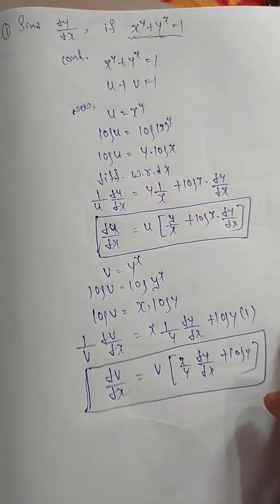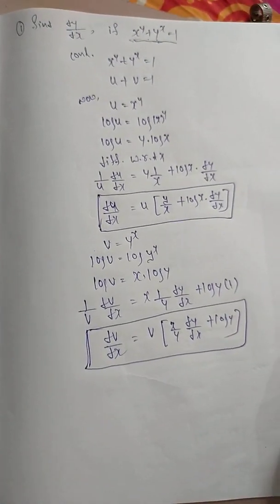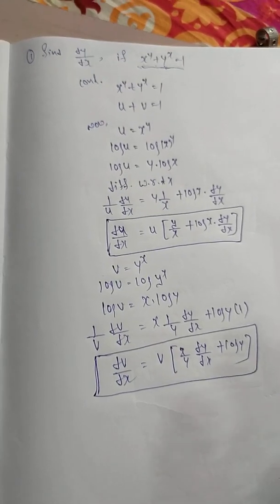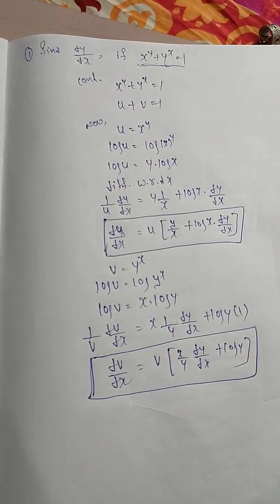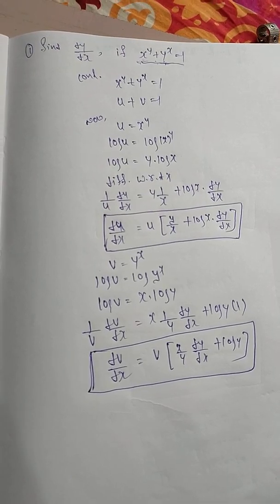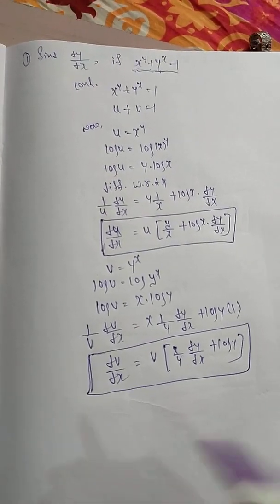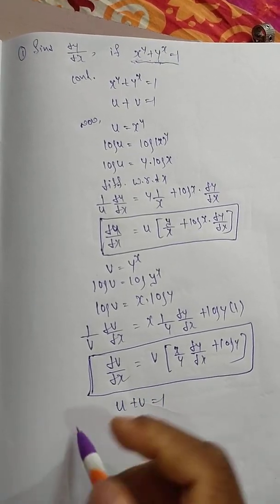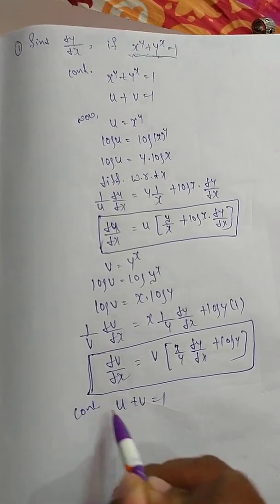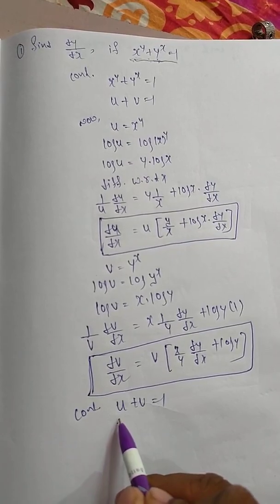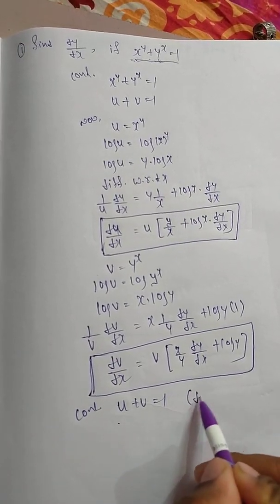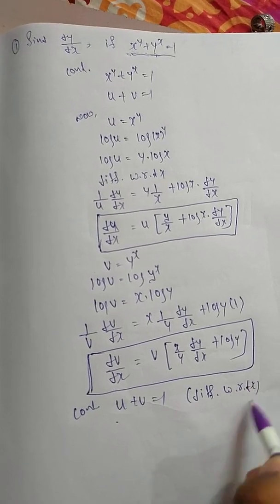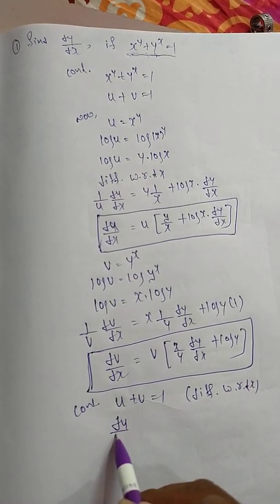Is it clear? Now consider this one, u plus v is equal to 1. Now differentiate with respect to x. The differentiation of u with respect to x will become du by dx.